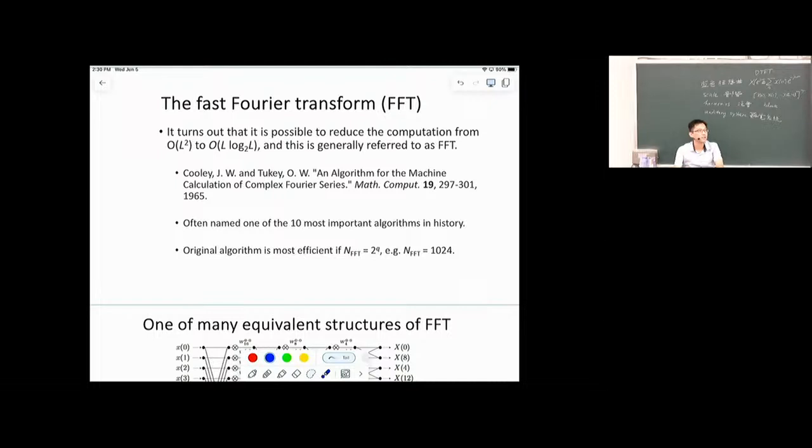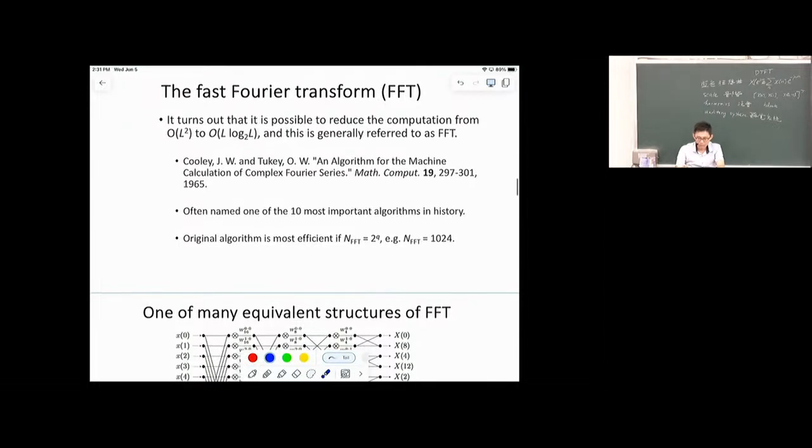That's the highlight. Just because of that, this algorithm is often named as one of the 10 most important algorithms in history.